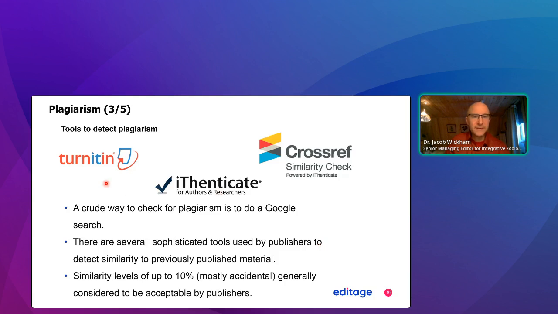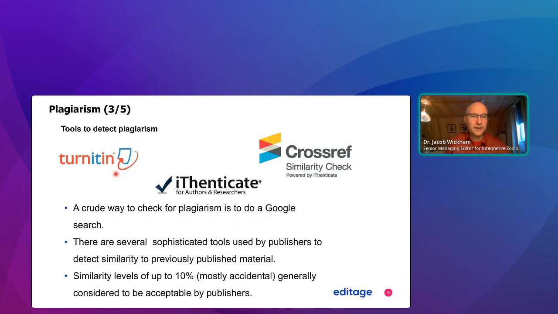Journals have very sophisticated methods to detect plagiarism, and I think that's too strong of a word. I like to use the words text overlap and similarity levels. Text overlap of up to 10%, even 15% for the top journals, is generally considered acceptable by most publishers. A crude way to check for plagiarism is just to do a Google search.